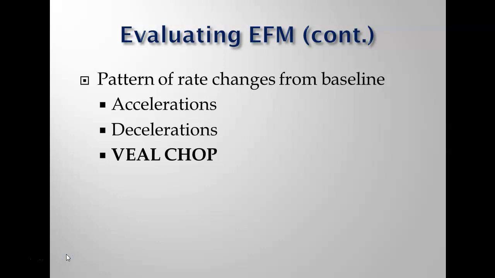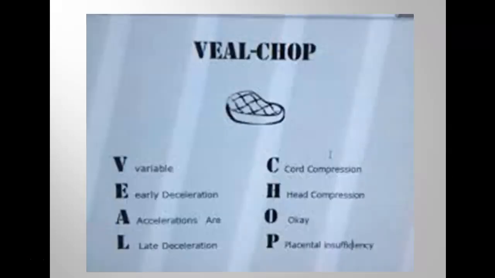The pattern of rate changes from the baseline are called accelerations or decelerations, and we use an acronym called VEAL CHOP to try to remember this. So you can use this when you're trying to remember how to figure out what types of decelerations and interventions we have here. VEAL CHOP is a way that we take the VEAL part and talk about the different types of fetal heart rate movement, whether it's an acceleration or a deceleration.